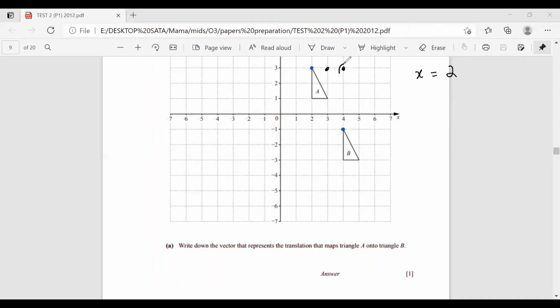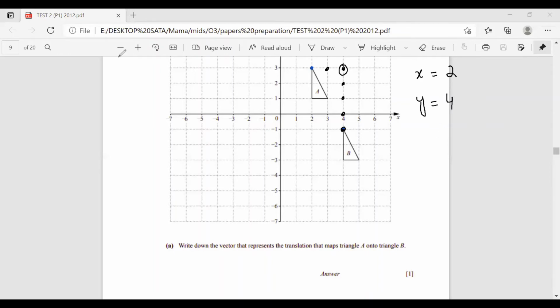After reaching this, I have to move downward, that is 1, 2, 3, 4. That means negative y-axis, 4 units below.